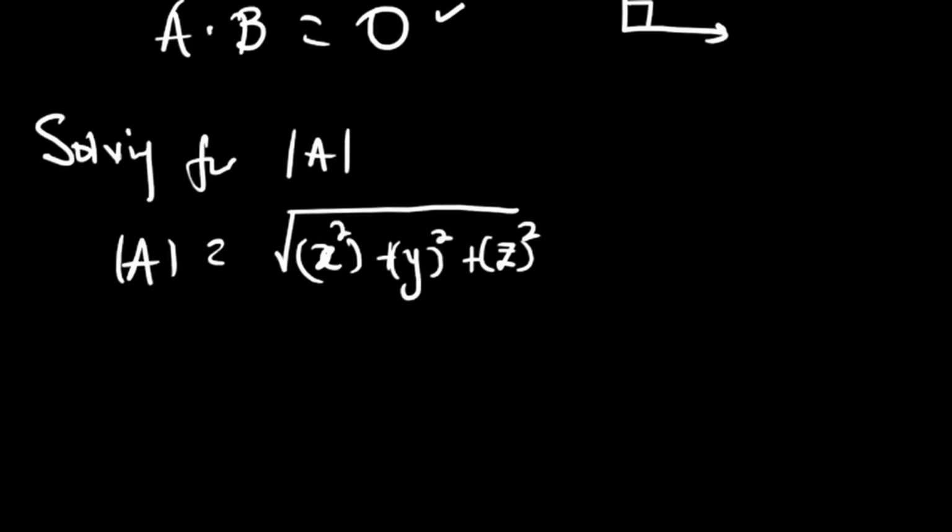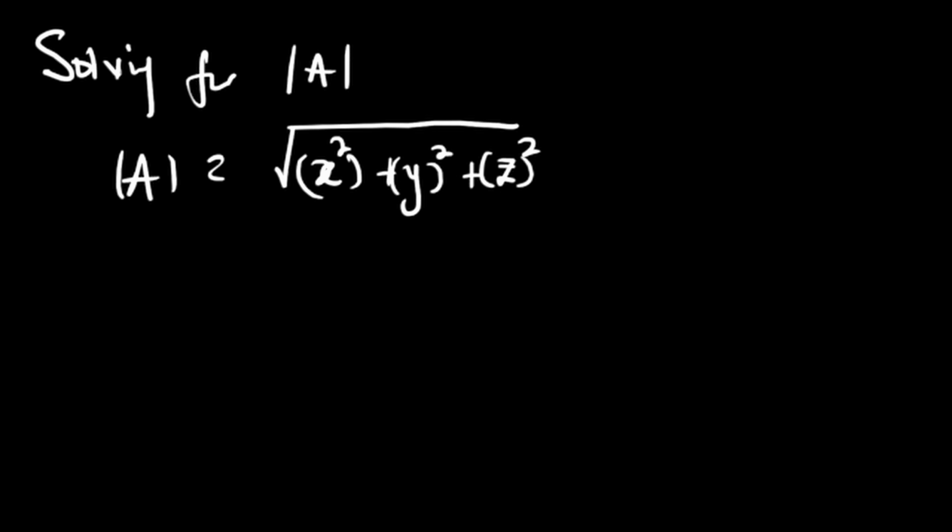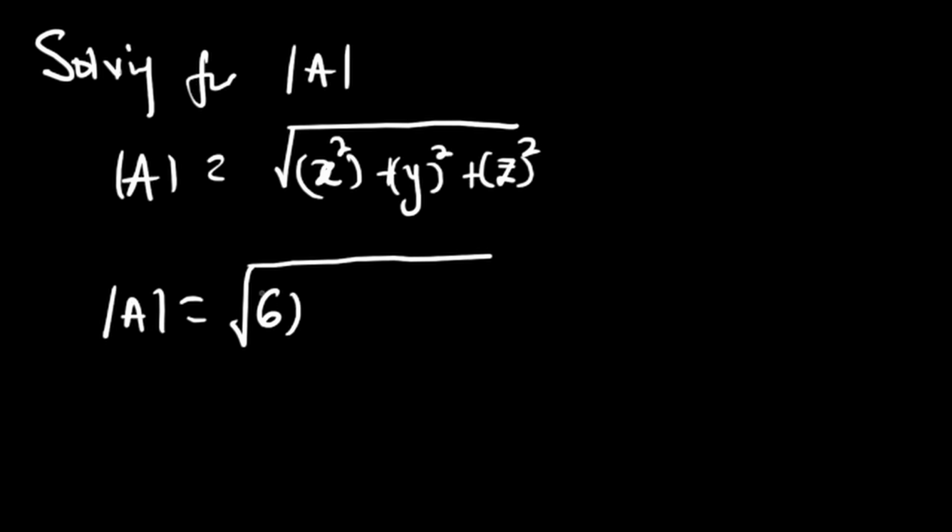We shall also use the same formula for B. Let's substitute and see what we obtain. Now, the magnitude of A is equal to, for the x component, we had a 6, and then we square it.